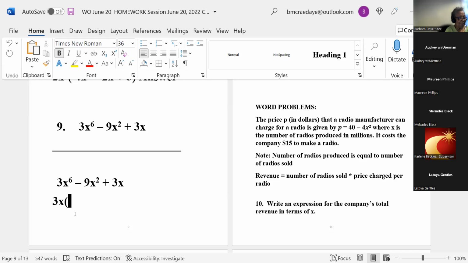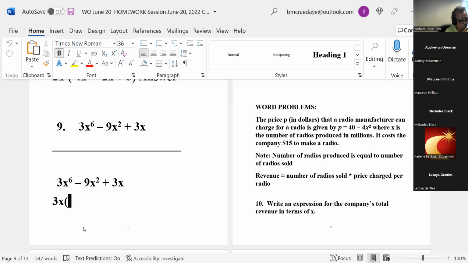Now 3x times what, Mercedes, gives you 3x to the 6? I'm taking it term by term. What factor times 3x gives you 3x to the 6? The 3 is already there, so you just need the x.